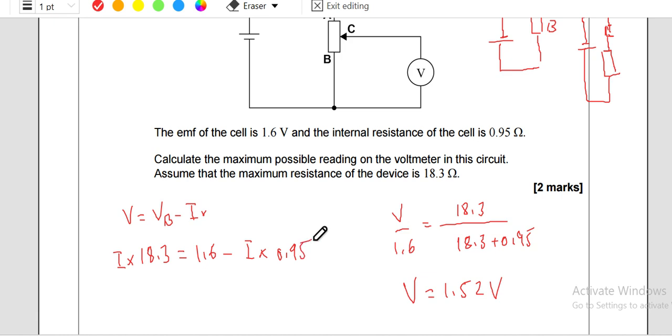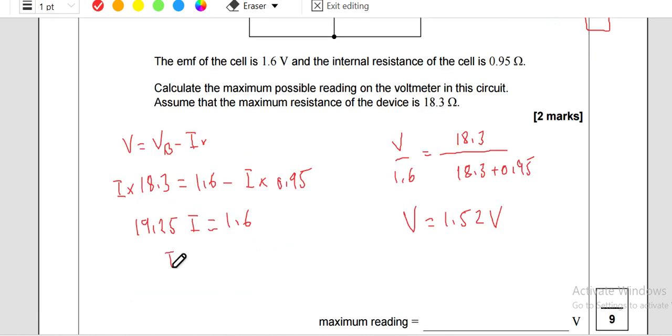You can solve this equation for I, find I, and then substitute to find V.